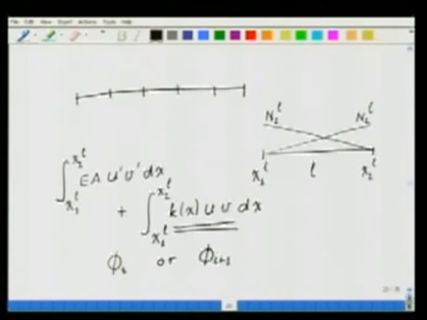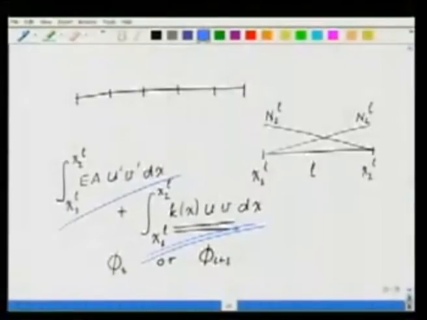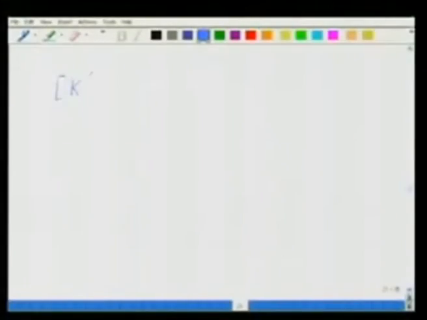So what will happen is that to our standard element stiffness matrix that we had calculated earlier, we have to add this part corresponding to v equal to phi I or phi I plus 1, similarly u equal to phi I or phi I plus 1. So all we are going to do is change, so the k element will be equal to, what do we have if you do this integration?